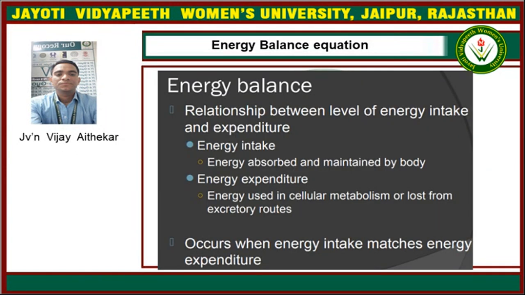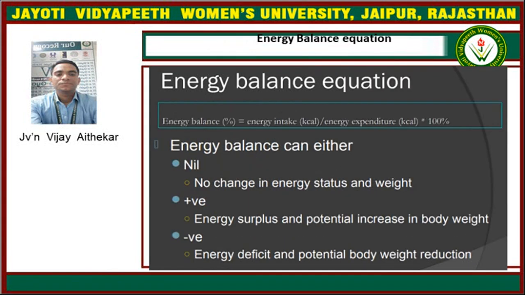Energy balance is the relationship between energy intake and energy expenditure. Energy intake is the energy absorbed and maintained by the body. Energy expenditure is the energy used in cellular metabolism or lost externally. Energy balance occurs when the energy intake matches the energy expenditure.